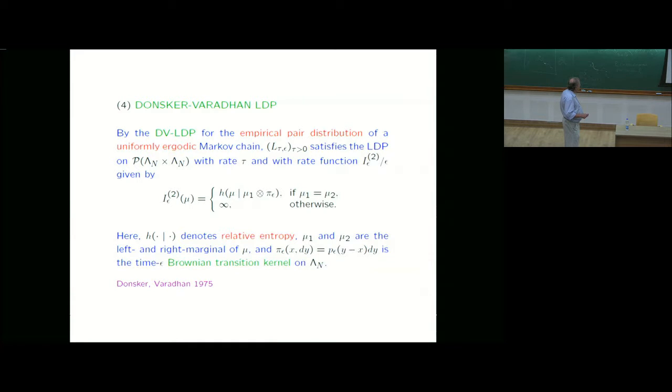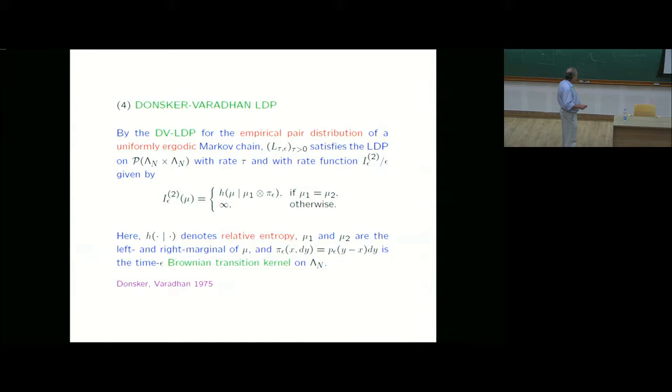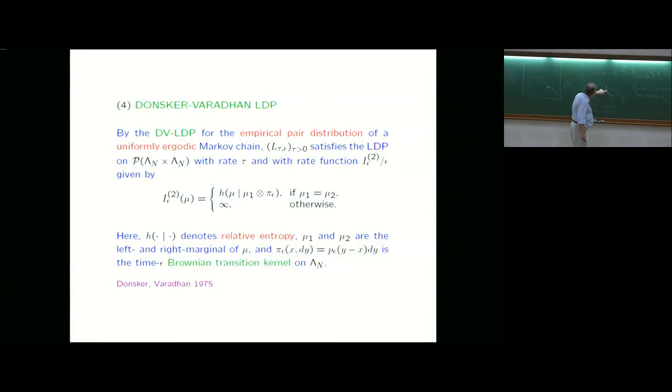So the probability that this thing is close to mu is the relative entropy of mu with respect to something, and the something, by the general theorem, is, say, take the left marginal, and then apply the transition kernel of the Brownian motion here.